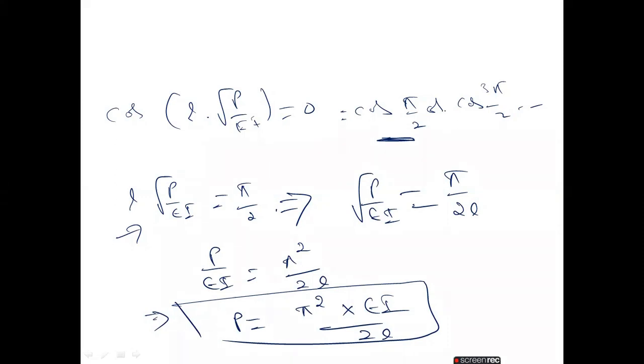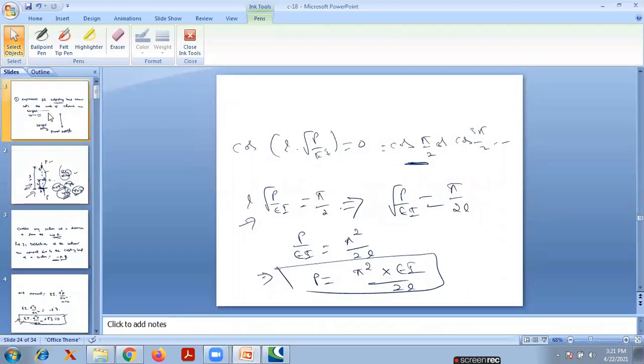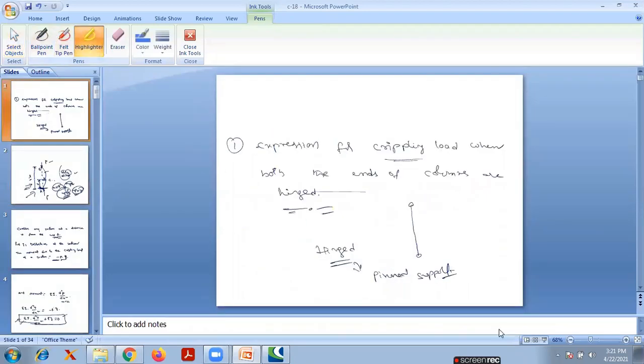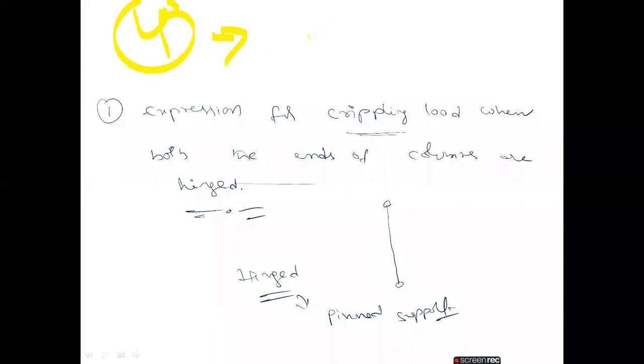So these are the two conditions. But anyway, I will explain briefly. We have a total of 4 conditions for the columns.